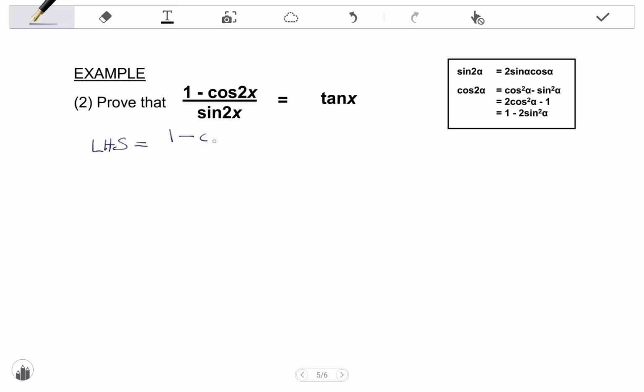So I have 1 minus cos 2x over sine 2x, and I'm going to expand. Working with the numerator first, I have 1 minus. Now I need to decide which option to expand the cos double angle to, okay? And I want to choose the option that's going to eliminate the constant. So my constant here is a positive one.